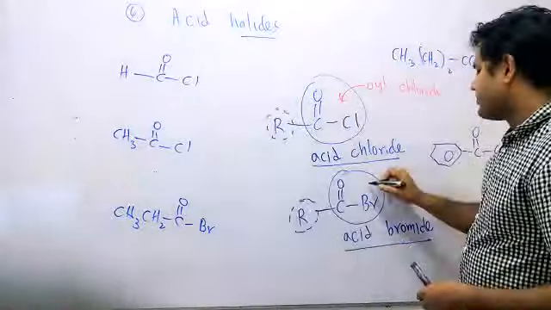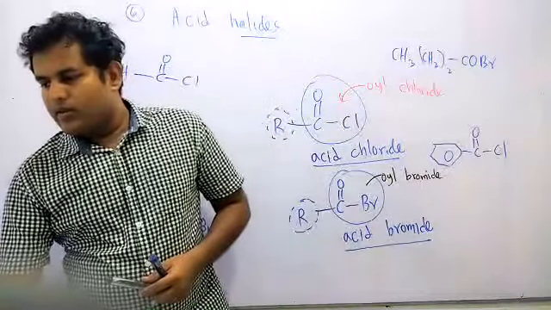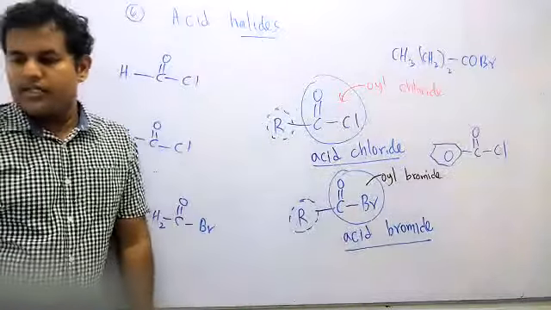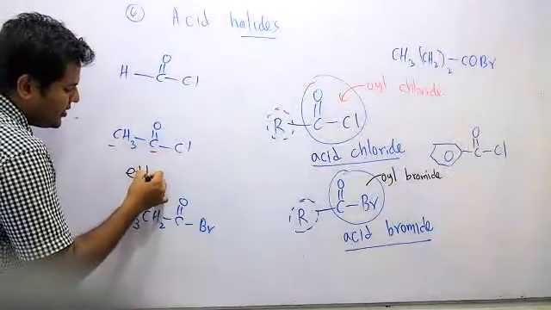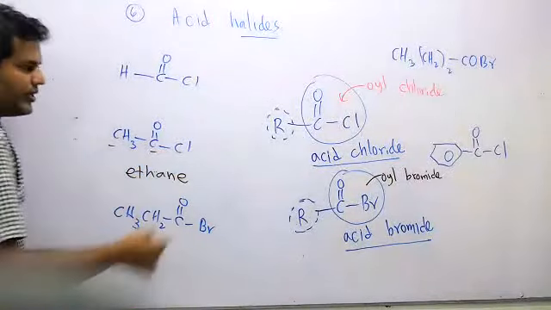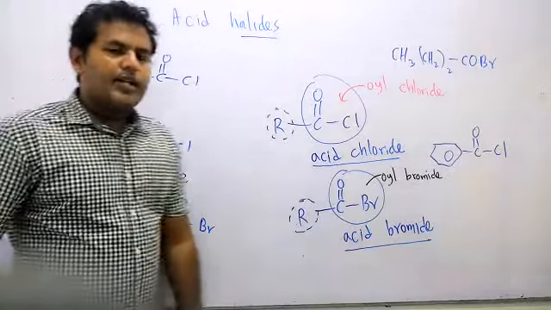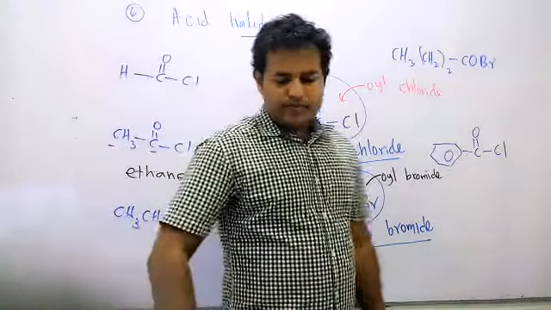Shall we start with this one? Count the total carbons. Don't separate the R group. When you have 2 carbons, the alkane is ethane.